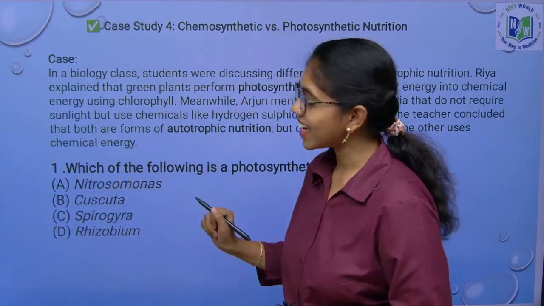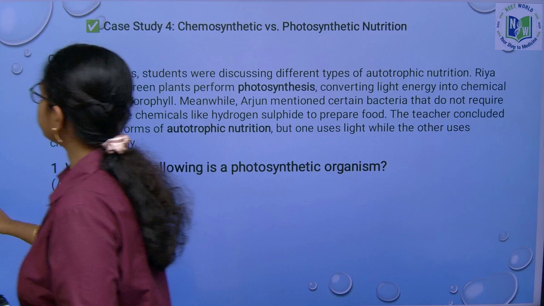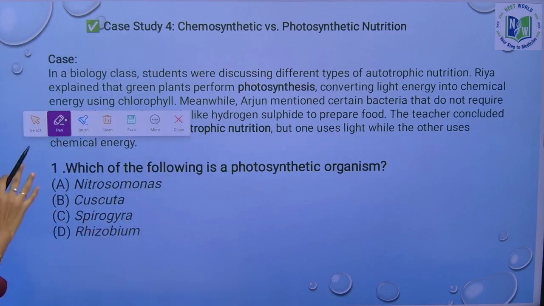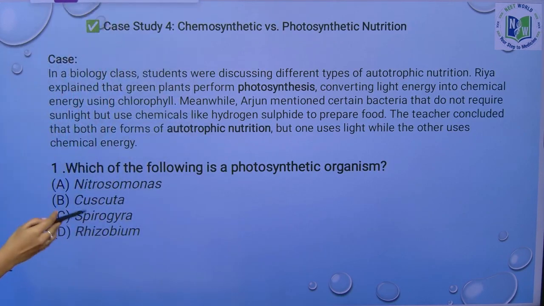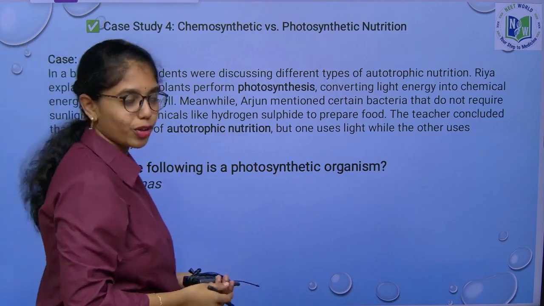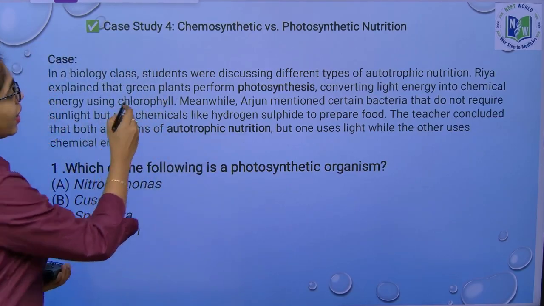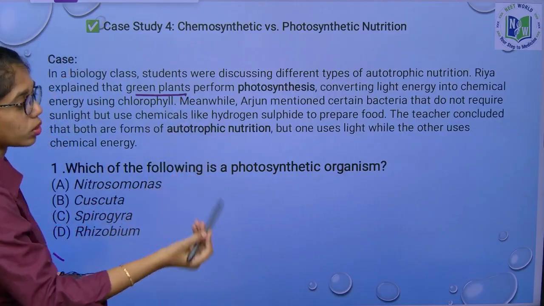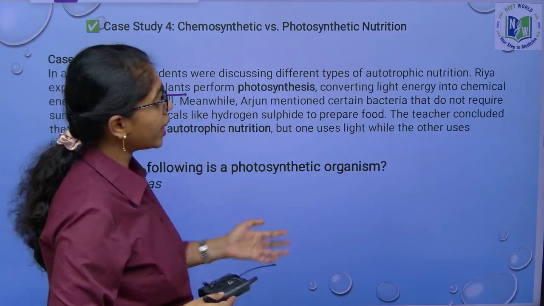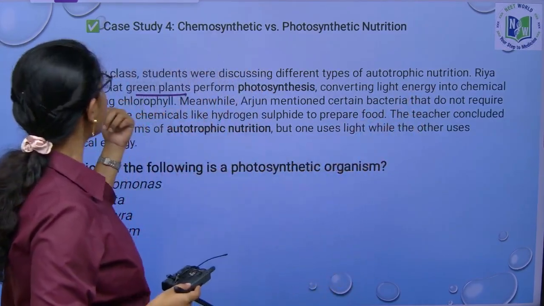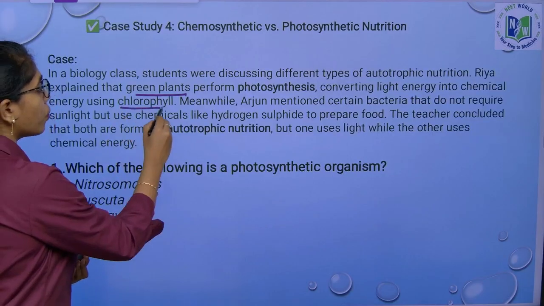So yes, let's get started with this question, where the case says that in a biology class, students were discussing different types of autotrophic nutrition. Ria explained that green plants perform photosynthesis, converting light energy into chemical energy using chlorophyll.